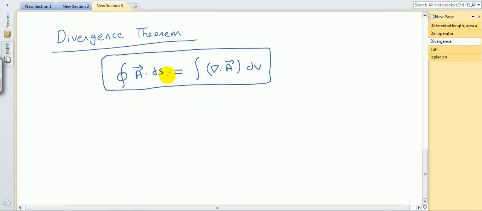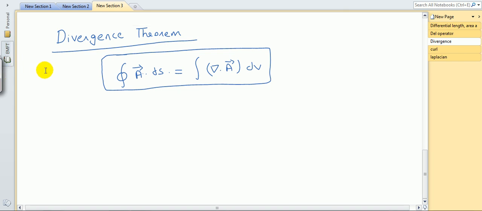So this theorem can convert a surface integral into a volume integral. We will use it in electrostatics and magnetostatics as well, but mainly in electrostatics. So the closed surface integral of a vector equals the volume integral of the divergence of that vector. This is the divergence theorem.